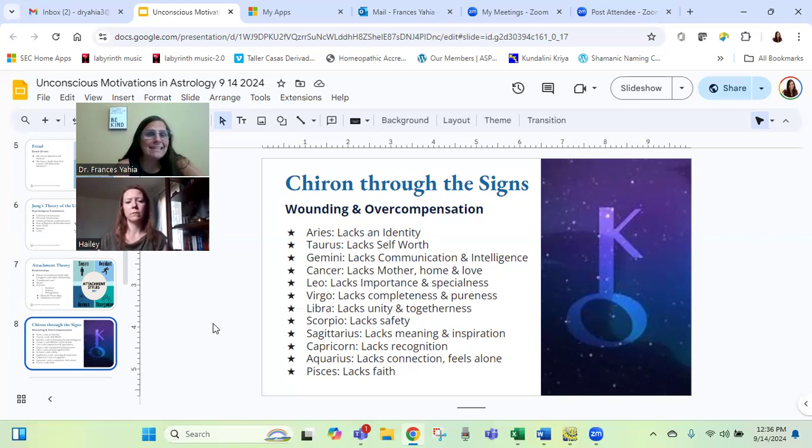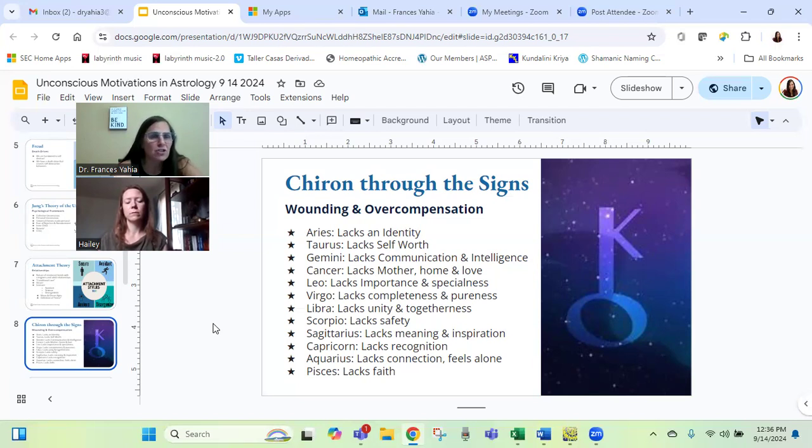Cancer, they feel like they lack mother, that quintessential mother, this idea of home and unconditional love. Leo feels that they lack importance and specialness.